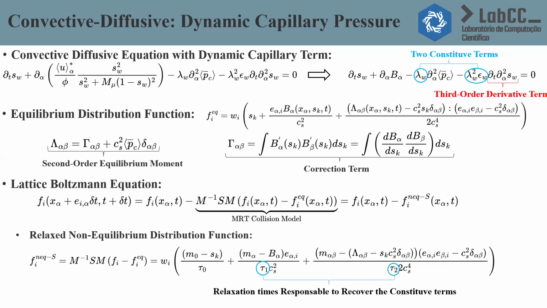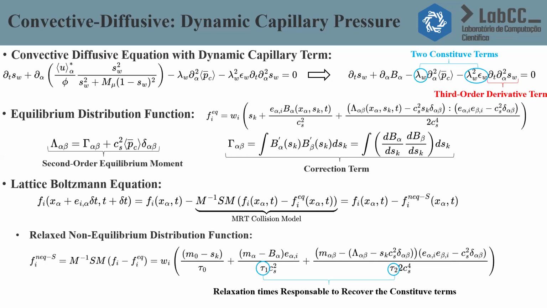Now, the last and most complex one, the convective diffusive equation with the dynamic capillary pressure term. In this case, I will have 2 constitutive terms and 1 third order derivative term. To handle this, I used the same equilibrium function of the last formulation. And now I have to use in the lattice-Boltzmann equation an MRT collision model.